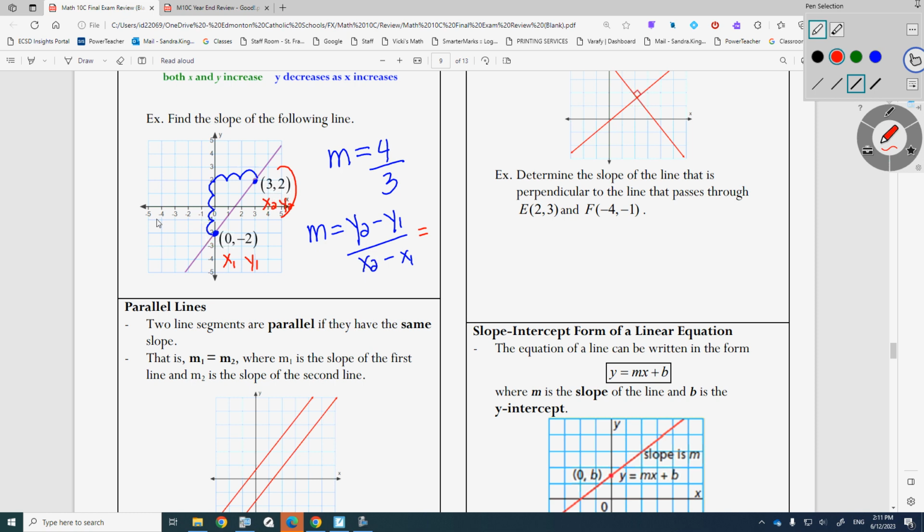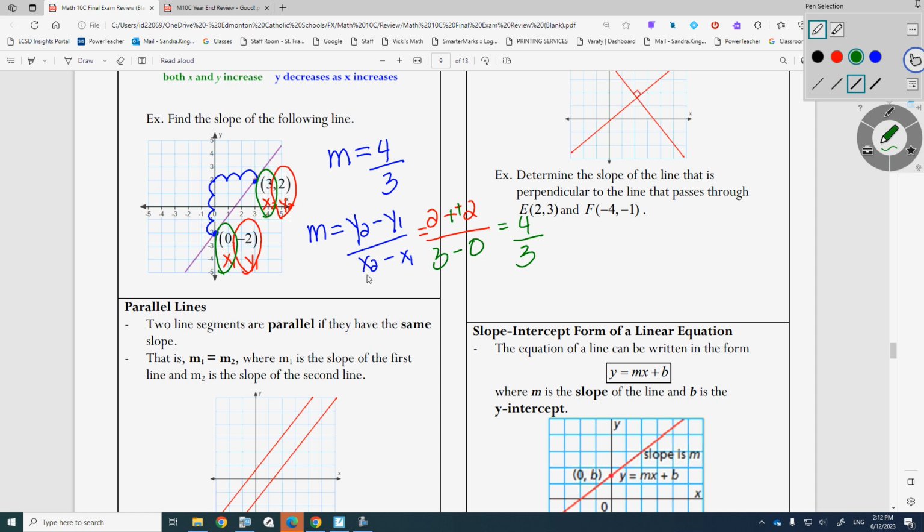So y2 minus y1 over x2 minus x1. 2 negatives will make a positive, and I'll get 4 over 3. Okay, so make sure you can count by rise over run. Make sure you can use your formula y2 minus y1 over x2 minus x1, which will be given.